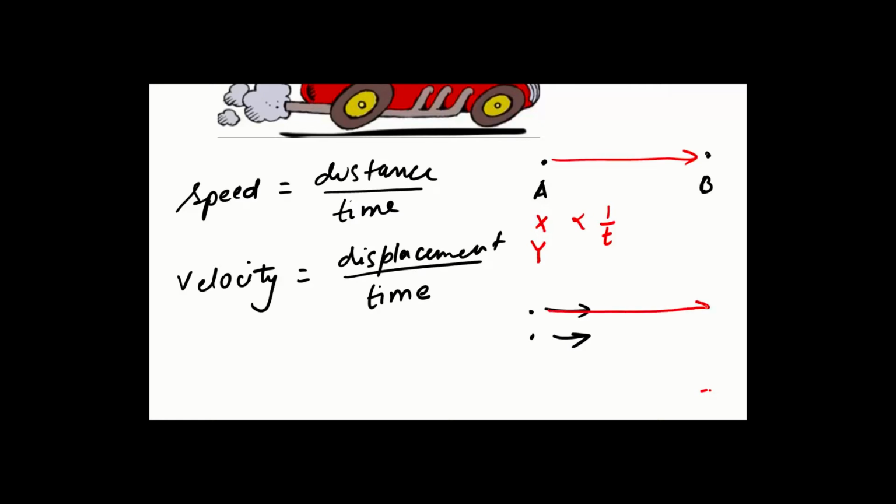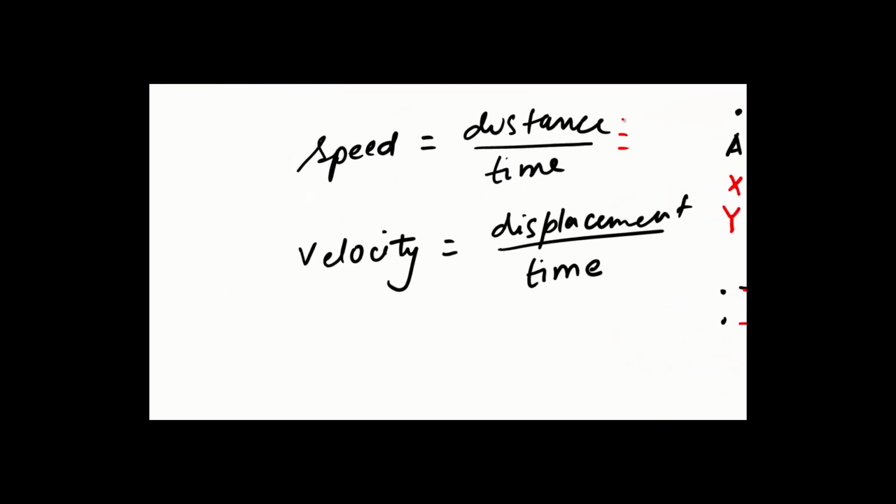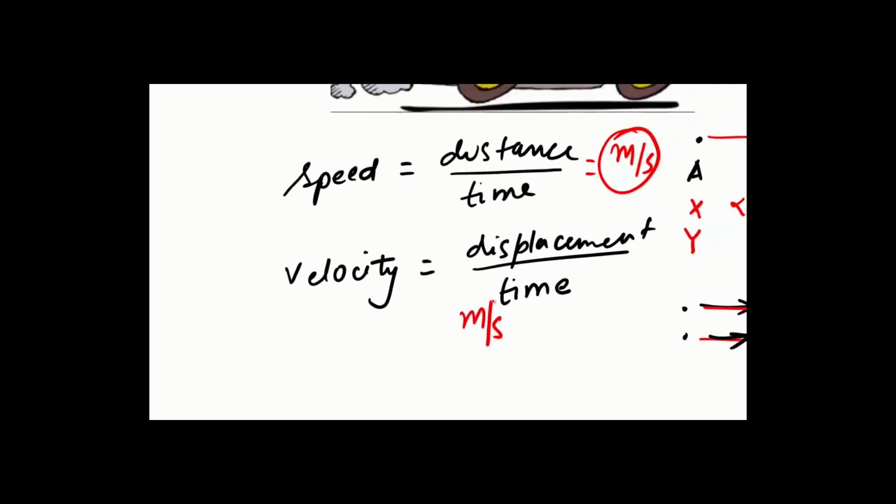So let's say A travels this much, B travels this much, then obviously B is faster. So that should be proportional to how much distance or displacement that thing is doing. As it turns out, speed comes out to be distance over time, velocity comes out to be displacement over time. So units will be: distance and displacement both will be measured in meters. This will be meters per second, and this would also come out to be meters per second.